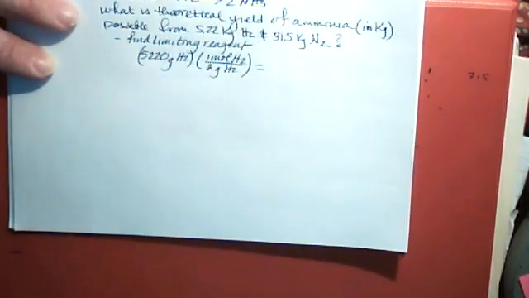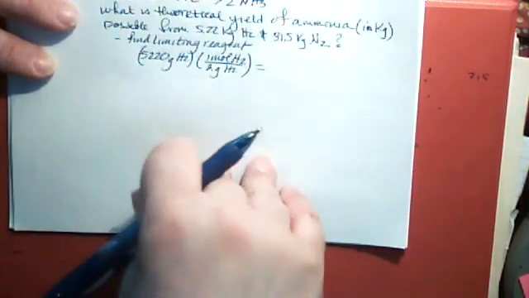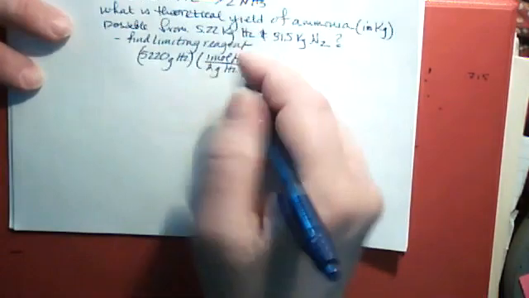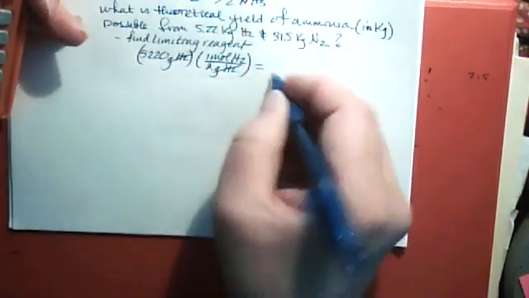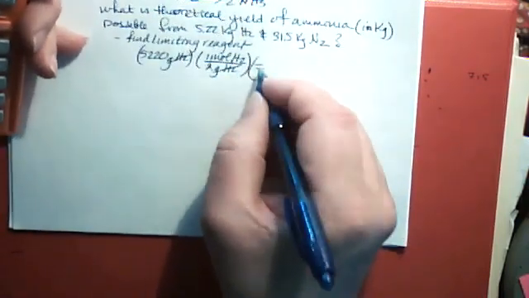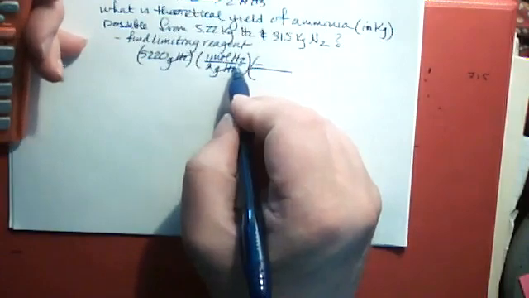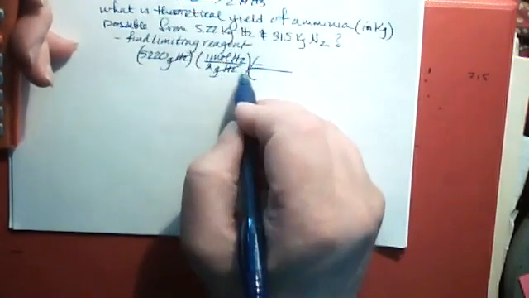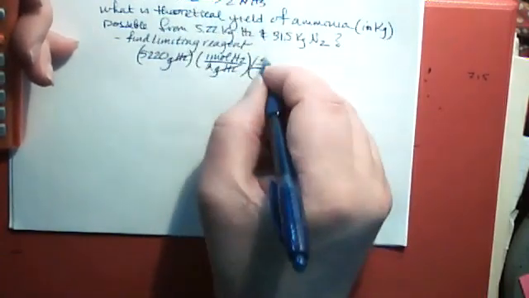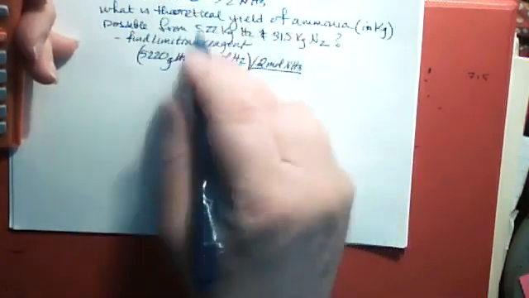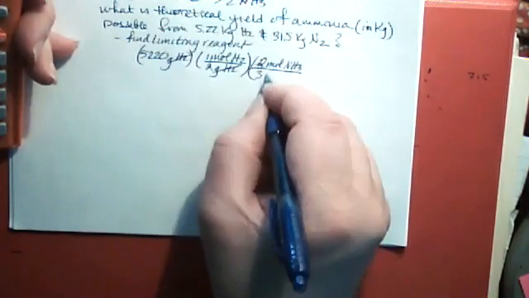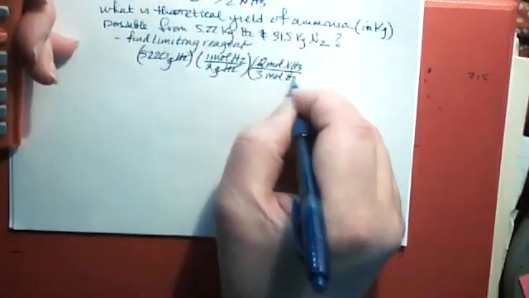And hydrogen as an element, remember, is diatomic. So there are 2 grams of hydrogen per mole. At this point you would have moles of hydrogen. The equation tells us that you get 2 moles of ammonia out for every 3 moles of hydrogen.